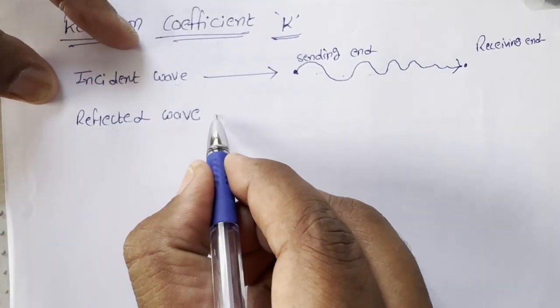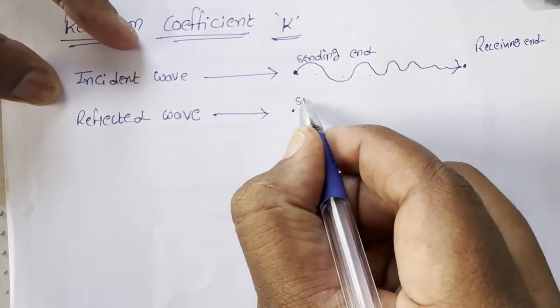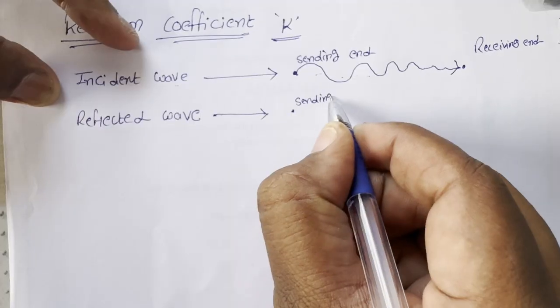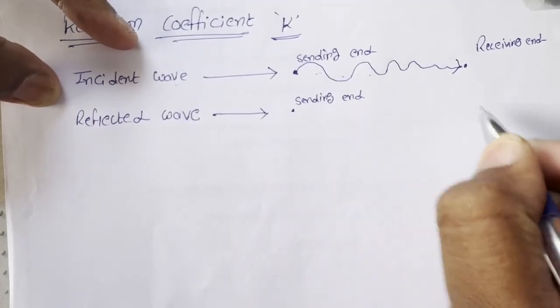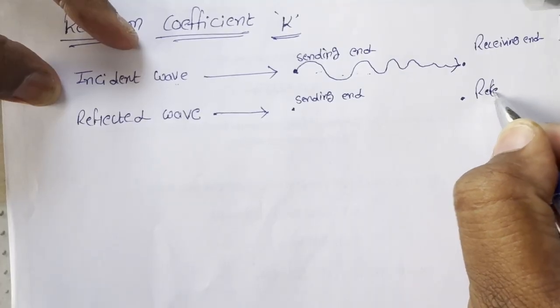Similarly, reflected wave: this is the sending end and this is the receiving end.